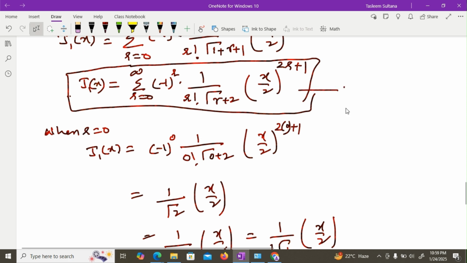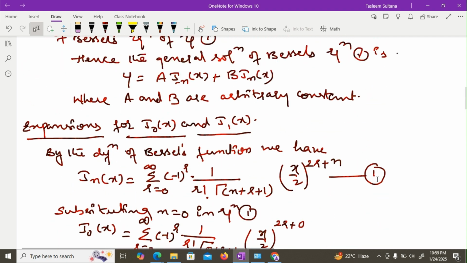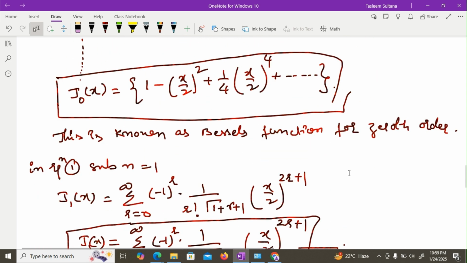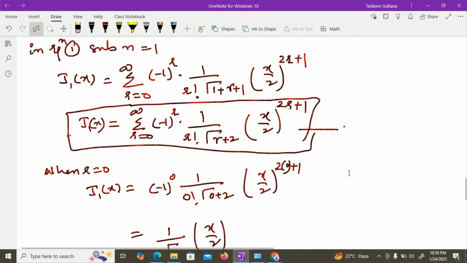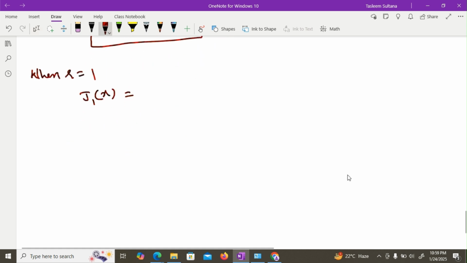When r is equal to 1, here we are substituting, that will be marked as equation number 2, not marked over there. So let me mark it. Yes, 1 is assigned. So we'll take that equation number as 2.